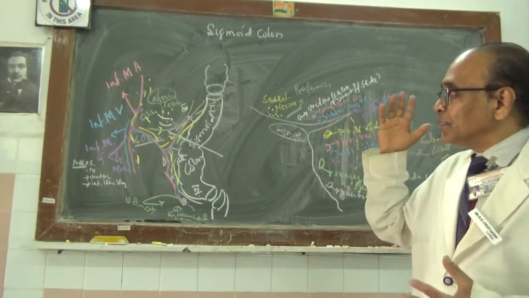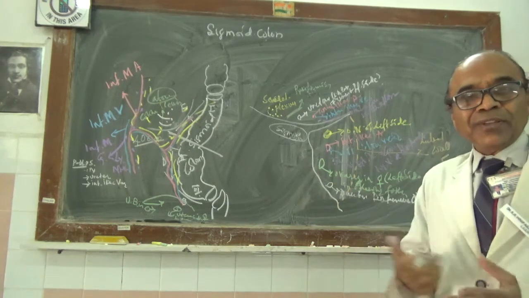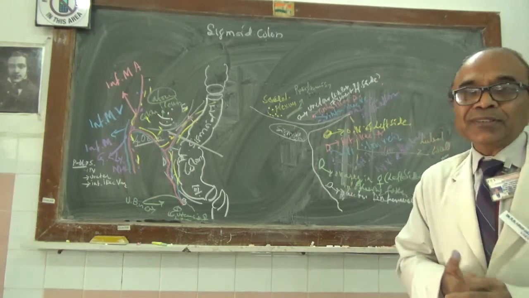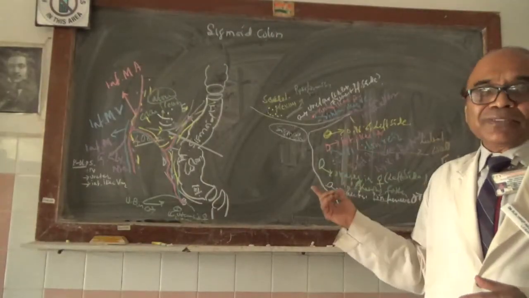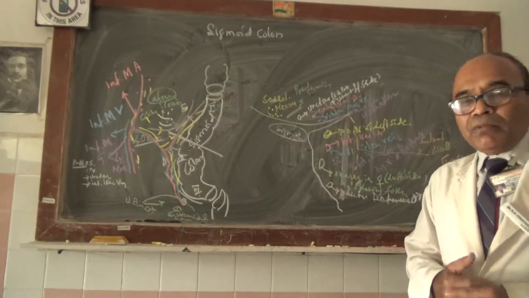Whereas the large intestine shows taenia coli, they are absent in the jejunum and ileum. Sacculations are present in the large intestine, but absent in jejunum and ileum.